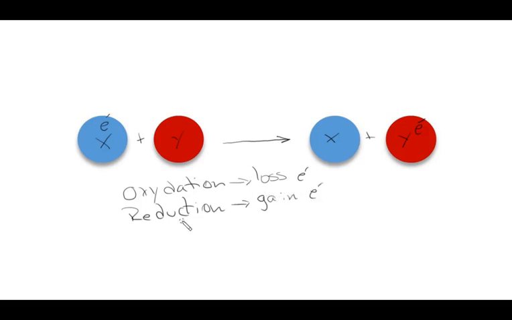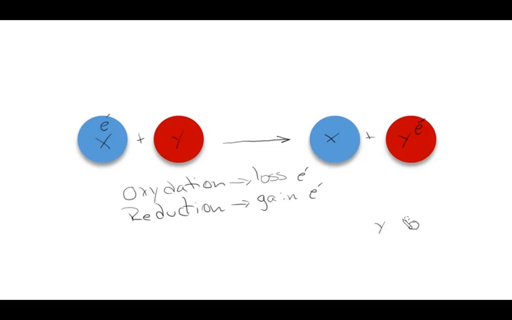Now you might think, wait a minute, since when is a reduction of something a gain in something else? How is it possible that we reduce and we gain at the same time? Well, here's what you need to understand. An atom that is neutral has a charge of 0.